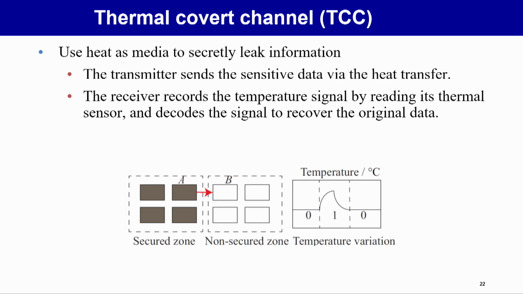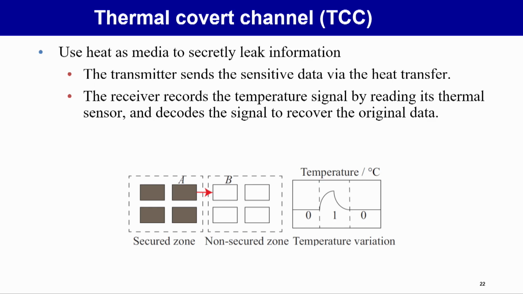Let's say at core B, the receiver, you are receiving this kind of temperature. There is no change in the temperature, then it goes up and comes down. There is a change, and then there is no change. So no change can be bit 0, and a change can be bit 1.